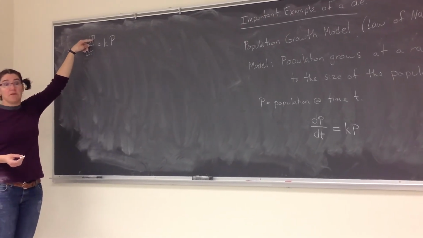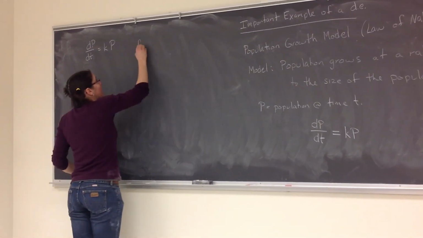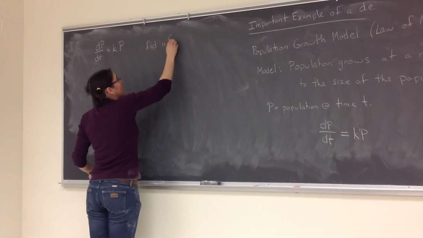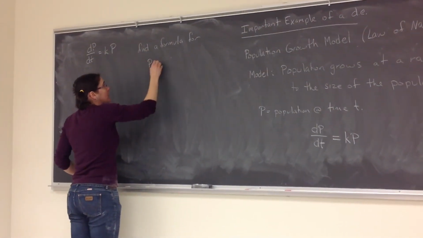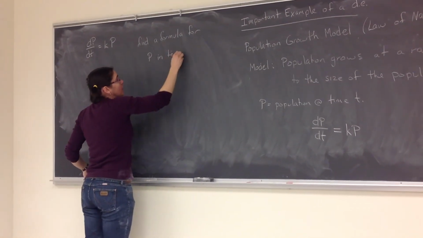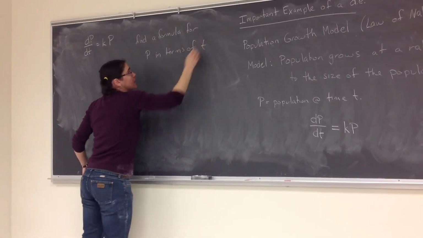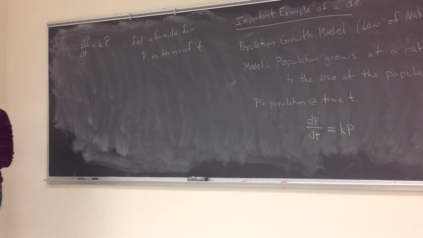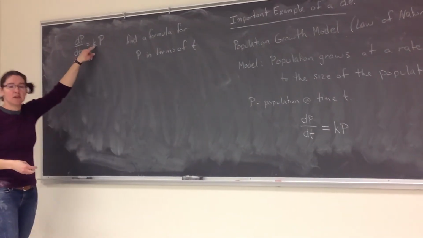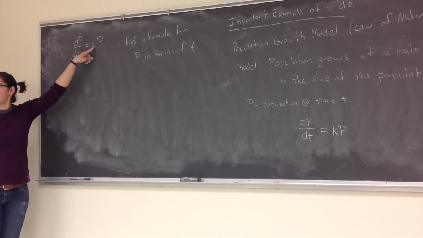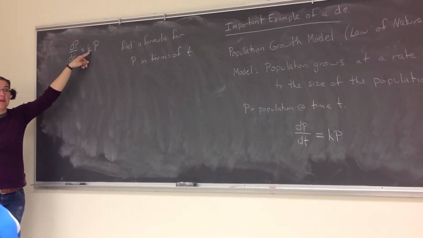P is our dependent variable. Our job is to find a formula for population in terms of the independent variable t. So t is playing the role of x, P is playing the role of y in this example, and k is some constant that's a rate of proportionality, and that depends on the specific example that you're looking at.